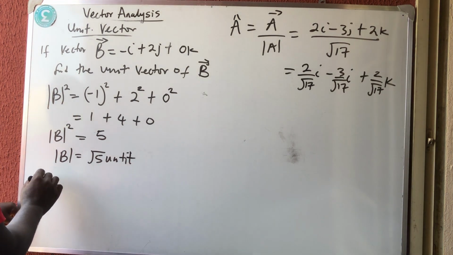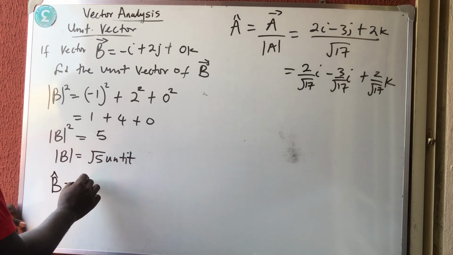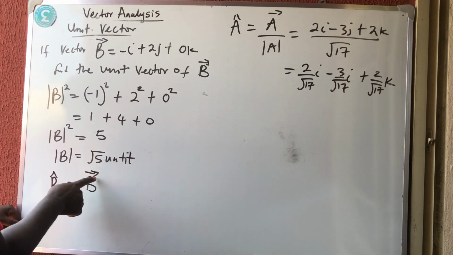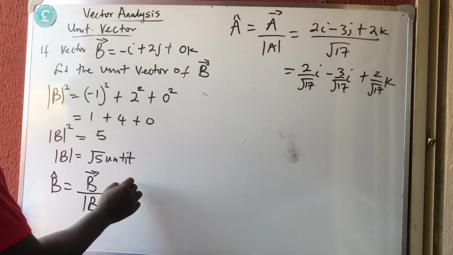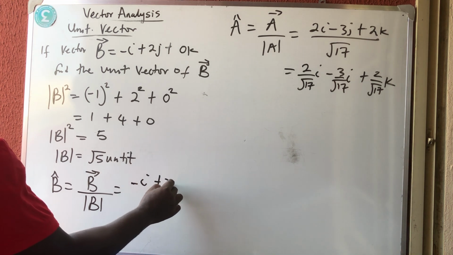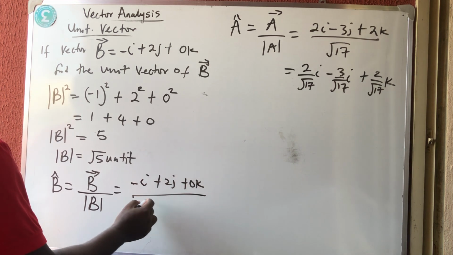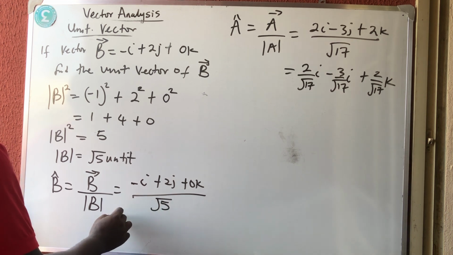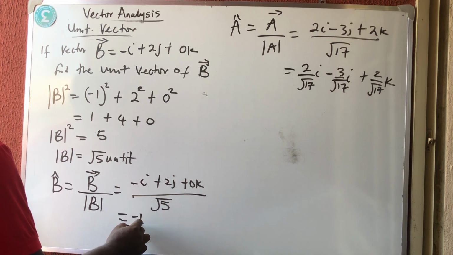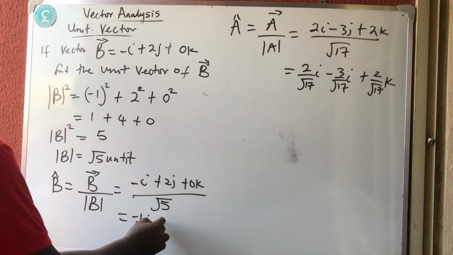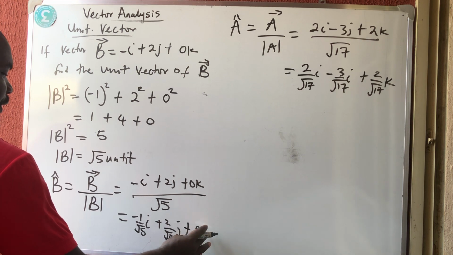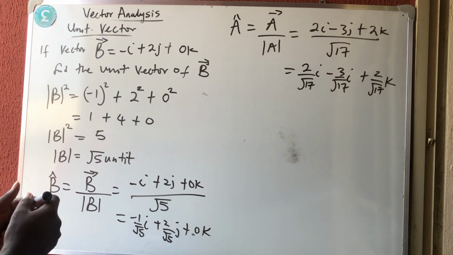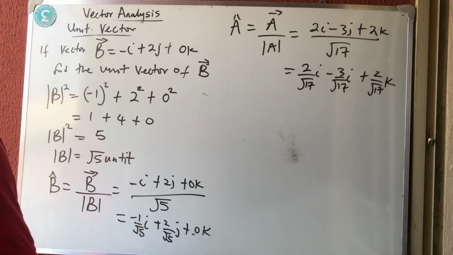So the unit vector of vector B becomes vector B itself, we represent any vector with an arrow, I hope you remember, all over the magnitude of vector B, which is minus i plus 2j plus 0k all over the square root of 5, which can be written as minus 1 over root 5 i plus 2 over root 5 j plus 0 over root 5, and 0 over something is 0, plus 0k. So that is that. We move to the next one.